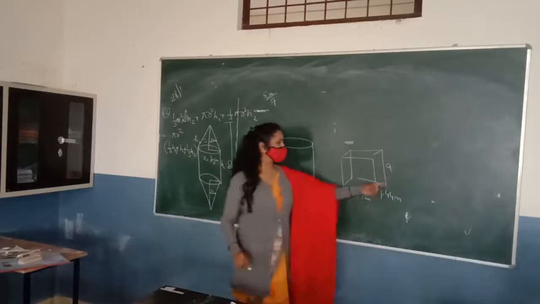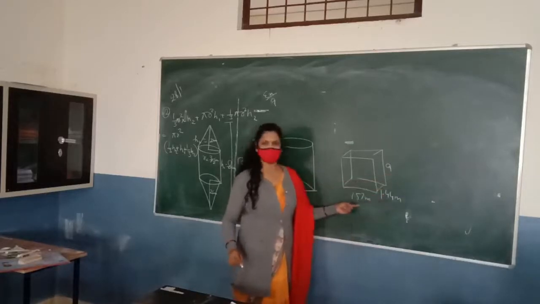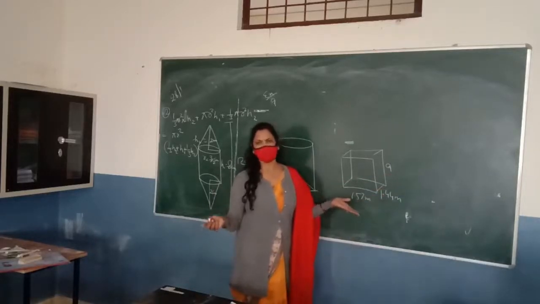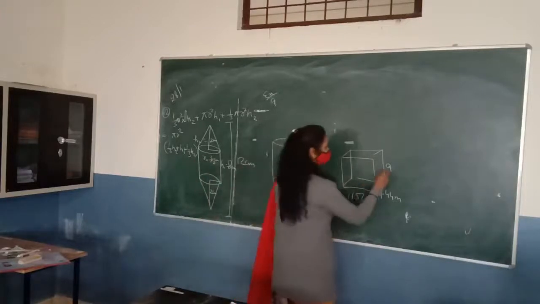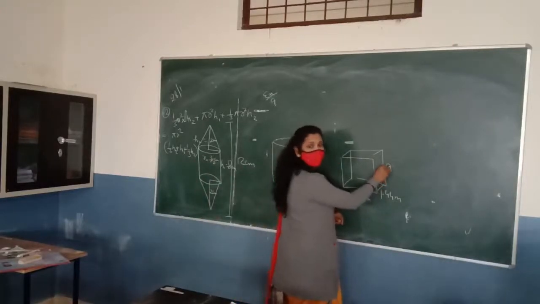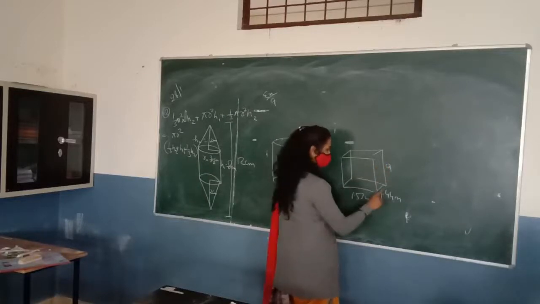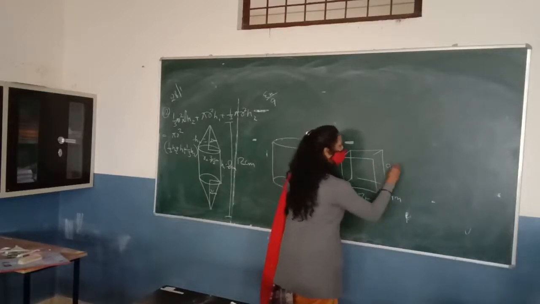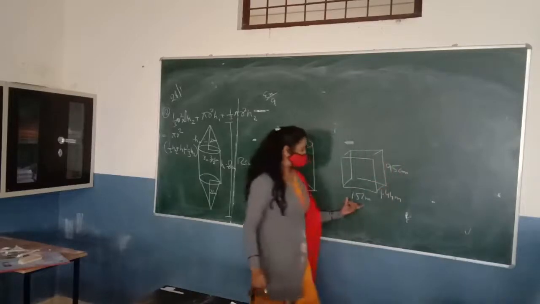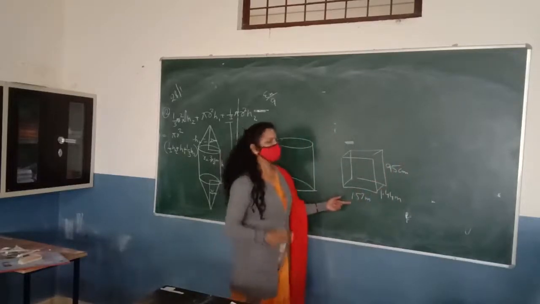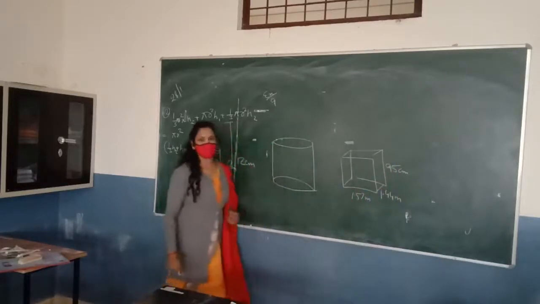So this value is in centimeter and all these values are in meter. So you can convert meter to centimeter, and we will change these values into centimeter. Just tell me the values of this cylindrical portion.